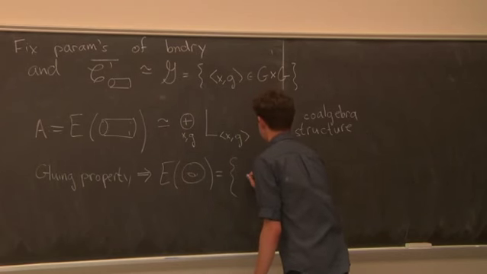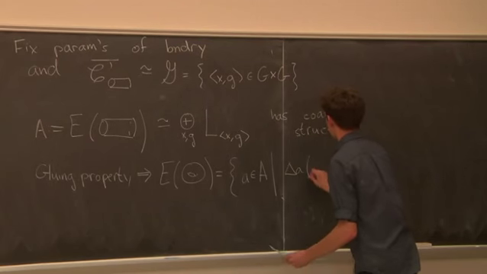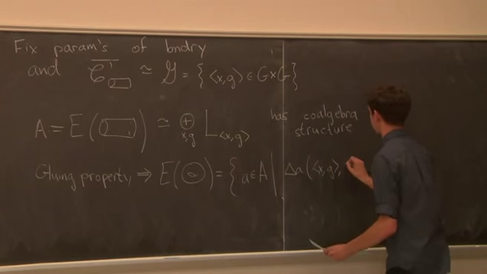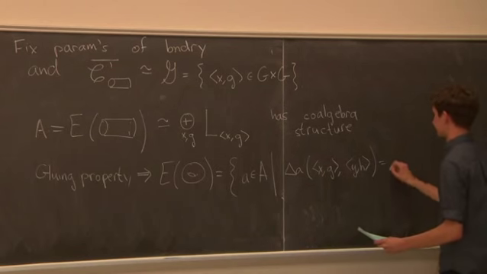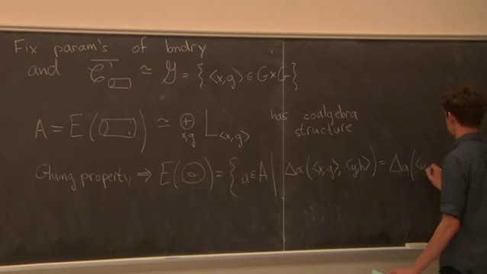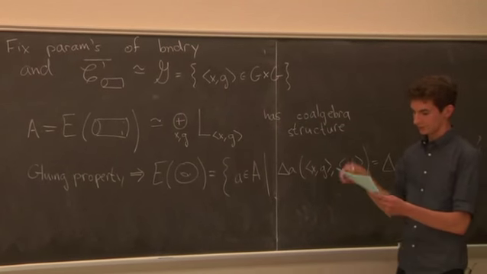Namely, it's going to be the elements of this algebra that behave nicely with respect to transposing the order of these groupoid elements for all pairs in the groupoid.